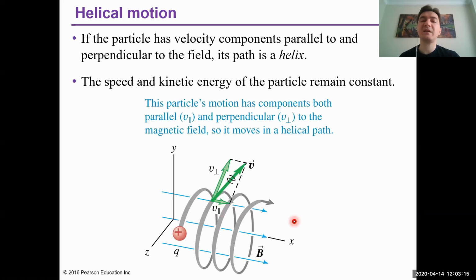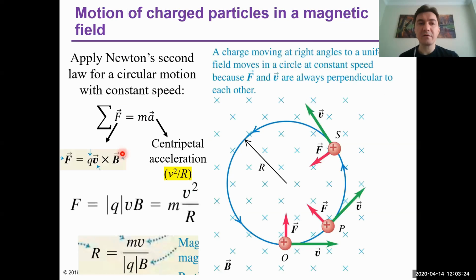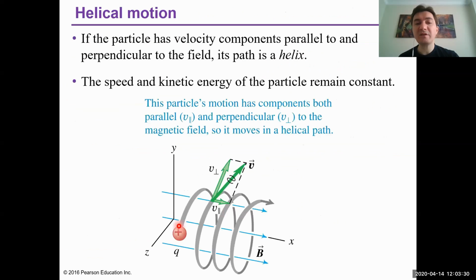What happens in that case? Due to that perpendicular component, there will be a force acting on the charged particle, and due to that force, that particle will have a circular motion, okay?